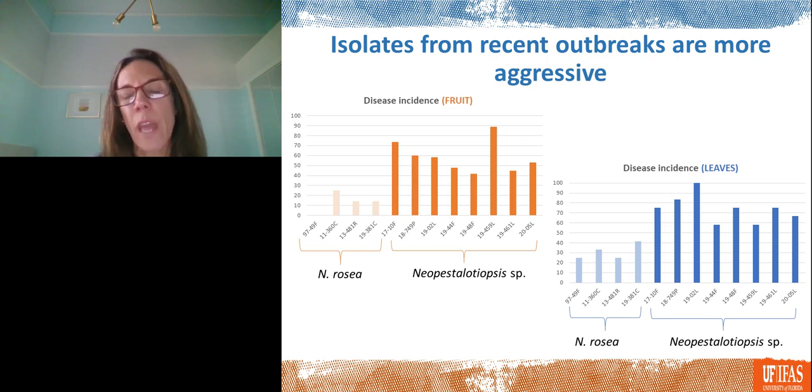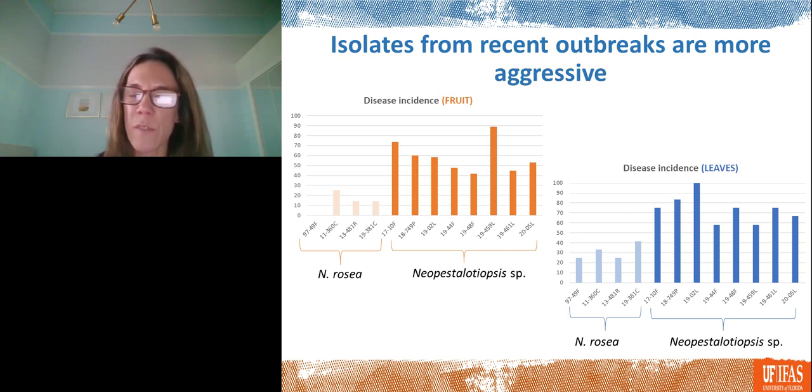And we confirmed that also by showing that it is more aggressive. What you see in this slide on the graph on the left is disease incidence on fruit. When we inoculate fruit with isolates of Neopestalotiopsis rosei, those are the light bars, we got a lot less disease than when we inoculate with isolates from the new outbreak, which would be the darker orange.